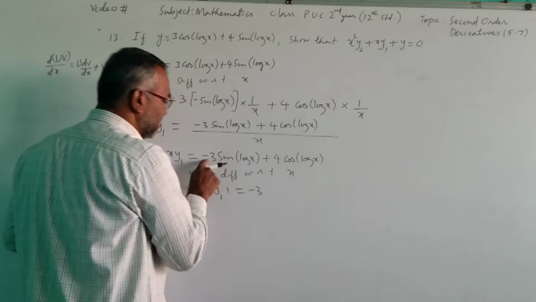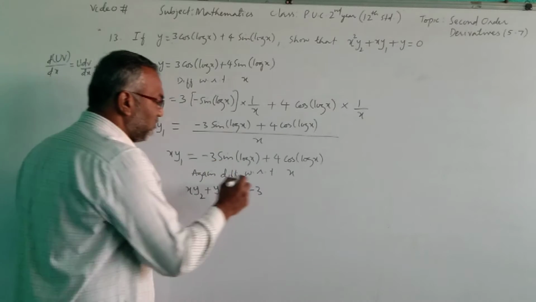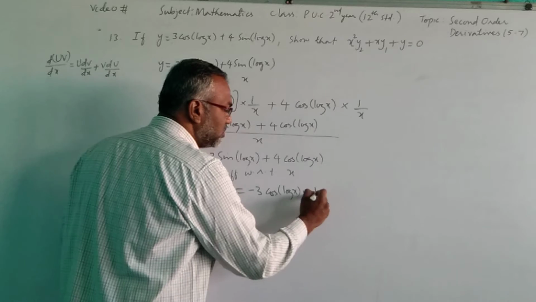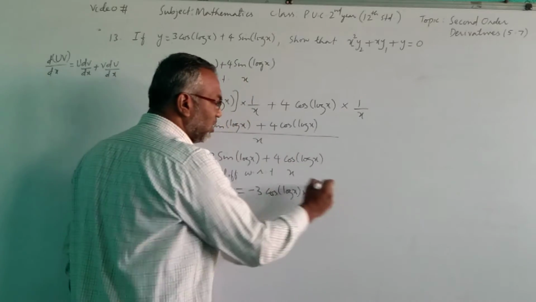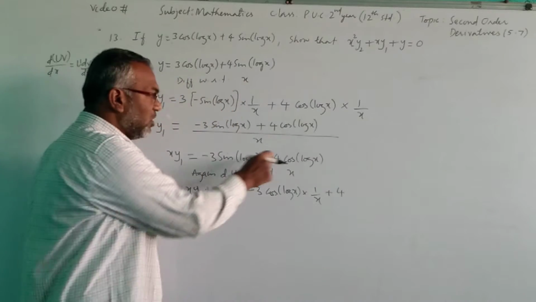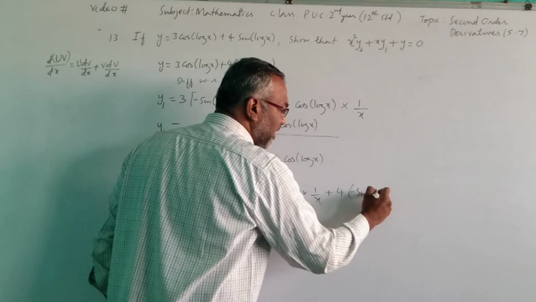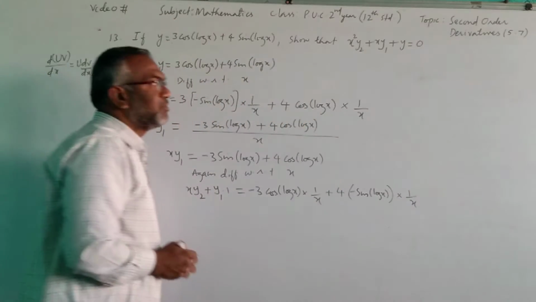Minus 3 constant as it is. Differentiation of sine of log x is cos of log x into 1 by x, plus 4 constant as it is. Differentiation of cos of log x will be minus sine of log x into 1 by x.